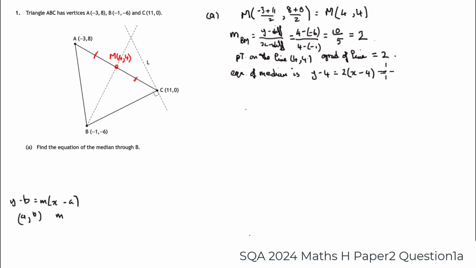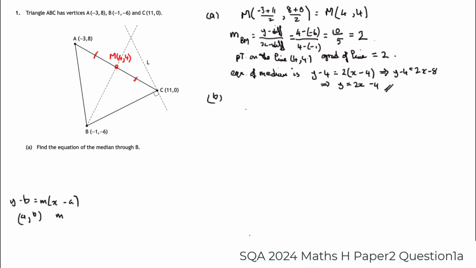So let's multiply out the second bracket, that's 2x minus 8, and let's add 4 to both sides. So we get y equals 2x, 4 onto the -8 is -4. So there's the equation of that median through B.